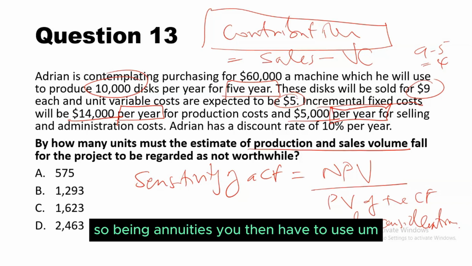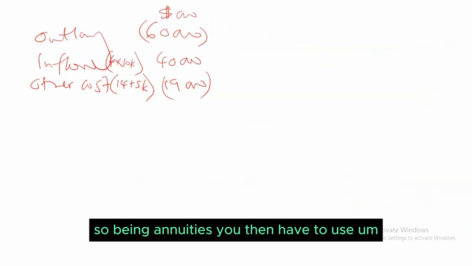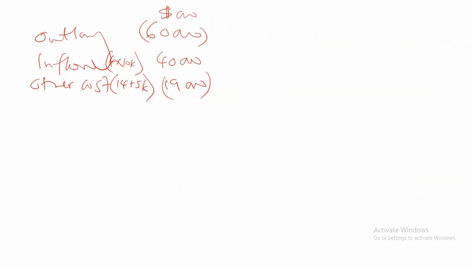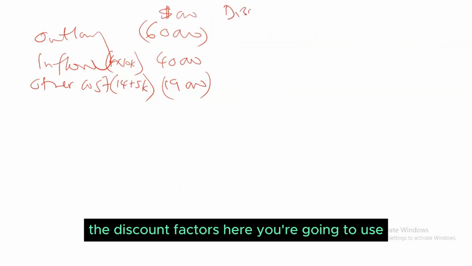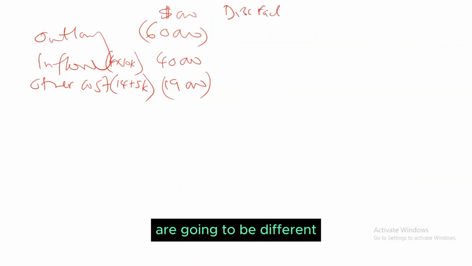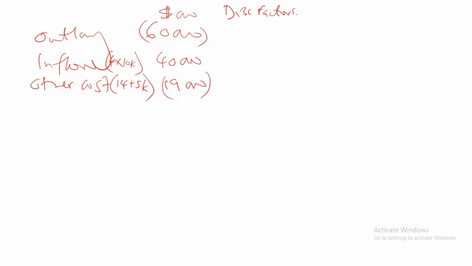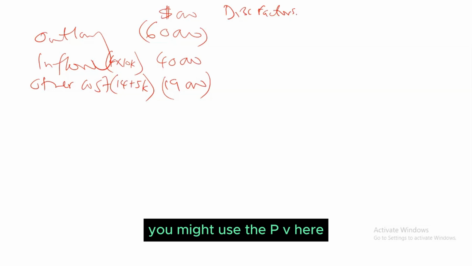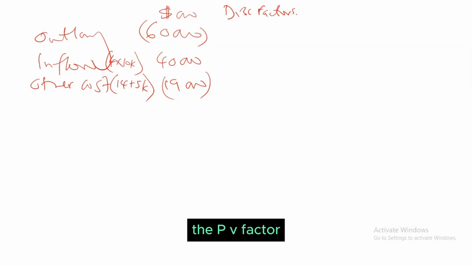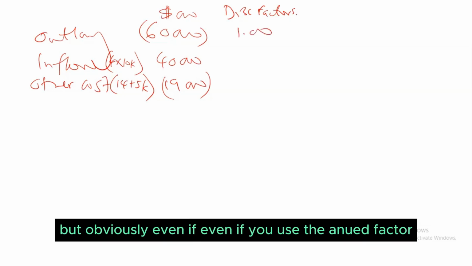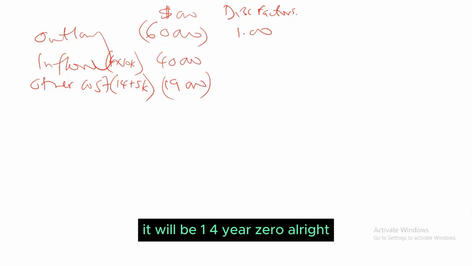Okay, so being annuities, the discount factors you are going to use are going to be different. You might use the PV factor here, but obviously even if you use the annuity factor, it will be 1 for year 0. All right, but for these other ones, you're going to use the annuity factor.